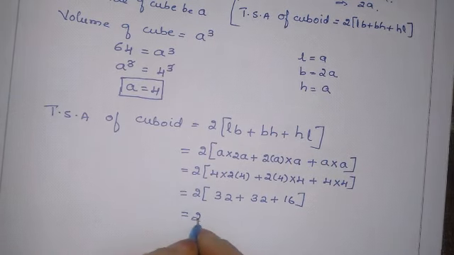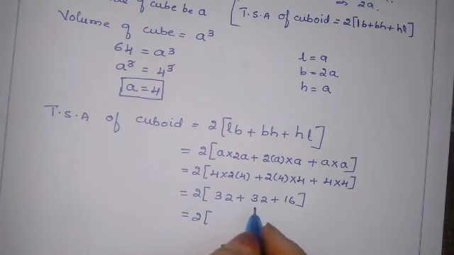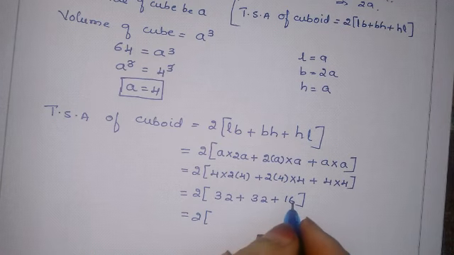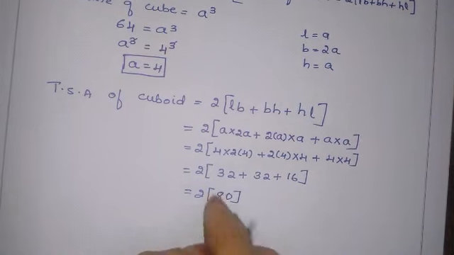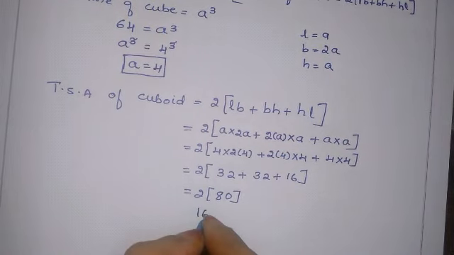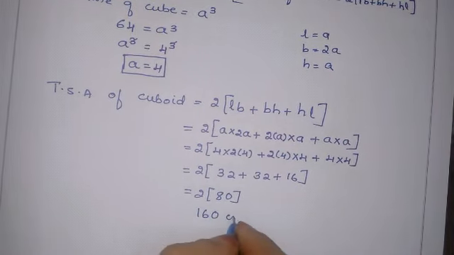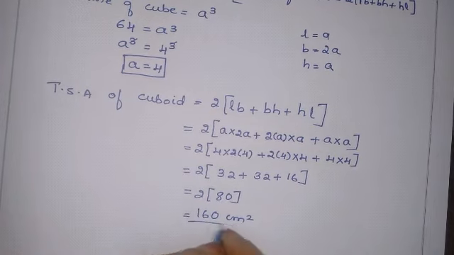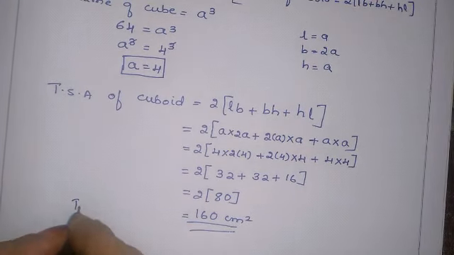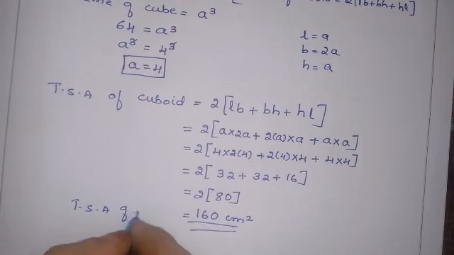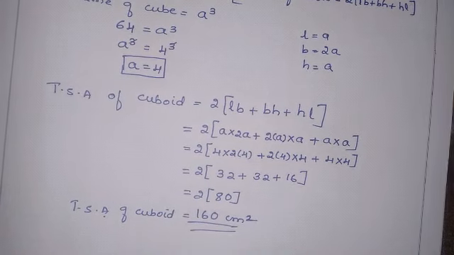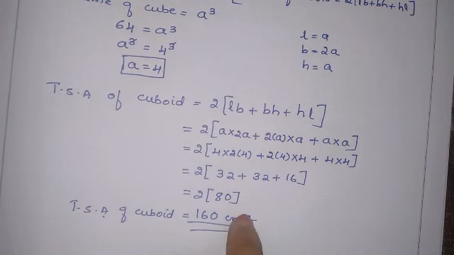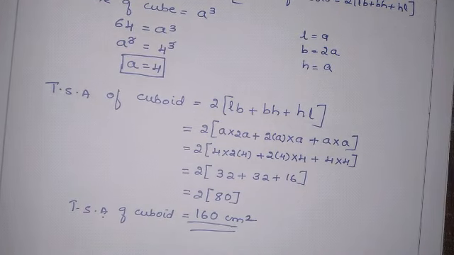Now 2 into 32 plus 32 is 64, 64 plus 16 is 80, 8 2s are 16. So 160 centimeter square, because it is total surface area. Area is always written in square units, so centimeter square. So this is about the first problem.